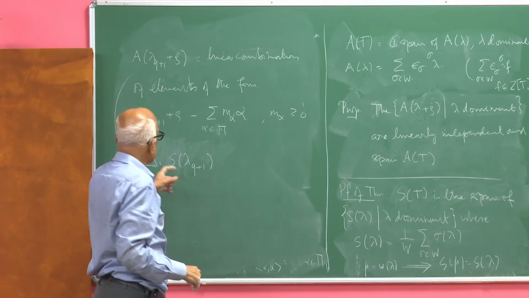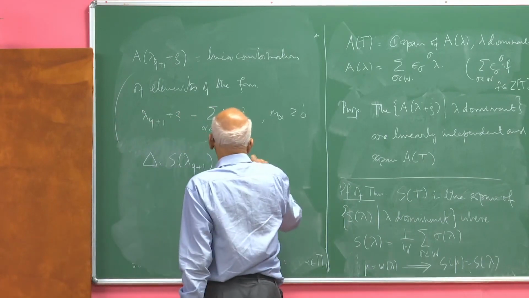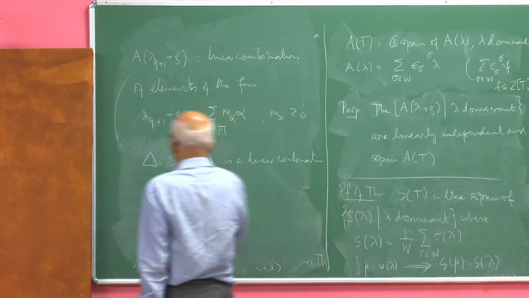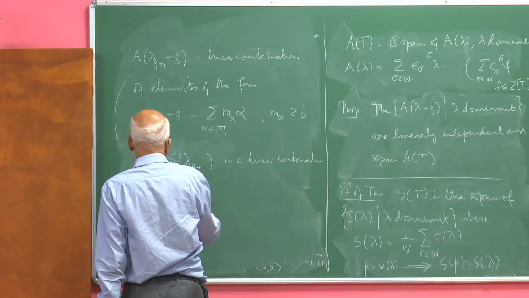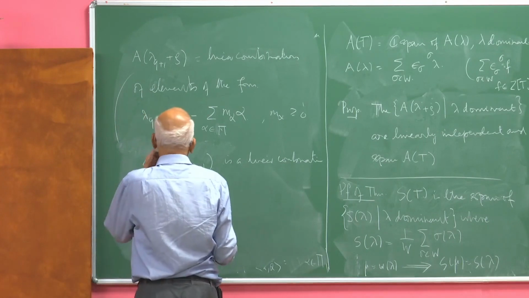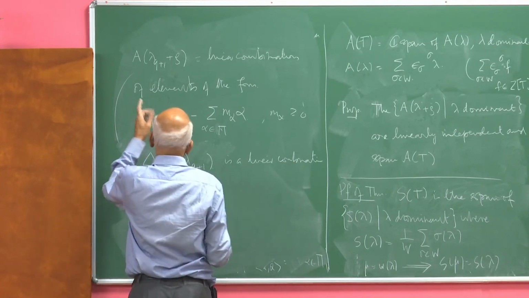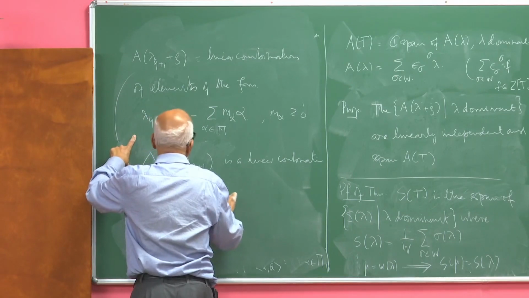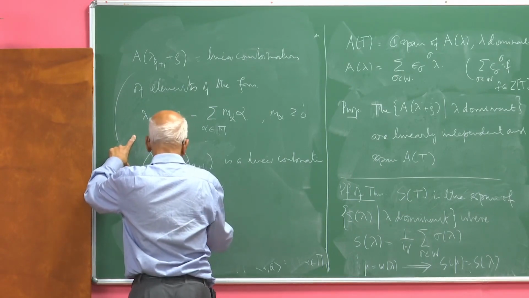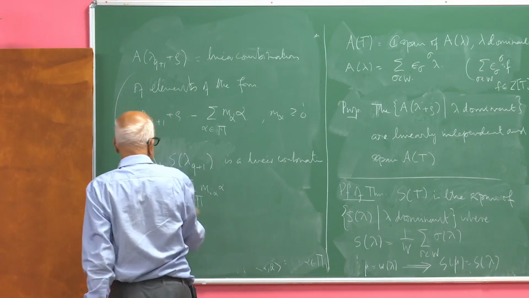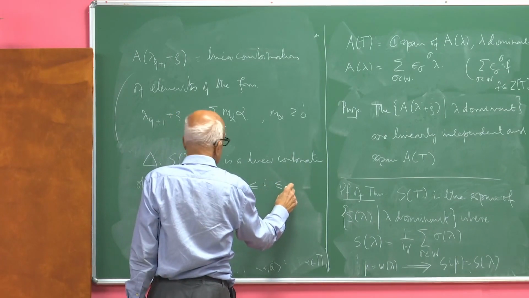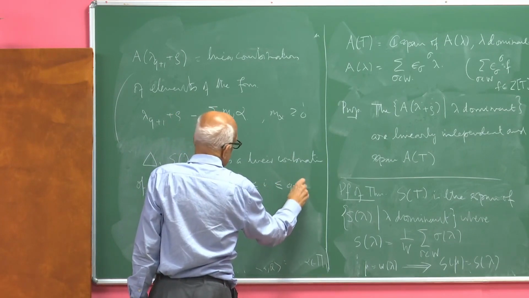This also involves a linear combination of lambda I plus rho minus sigma m I alpha, for 1 less than or equal to I less than or equal to q plus 1.